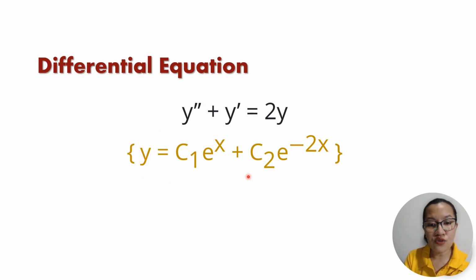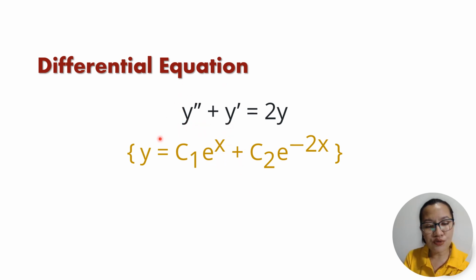We are going to substitute this here. But as you can see, the solution is just a relation. We have y equals this. But in the differential equation, we have y double prime and y prime, which requires us to perform differentiation.